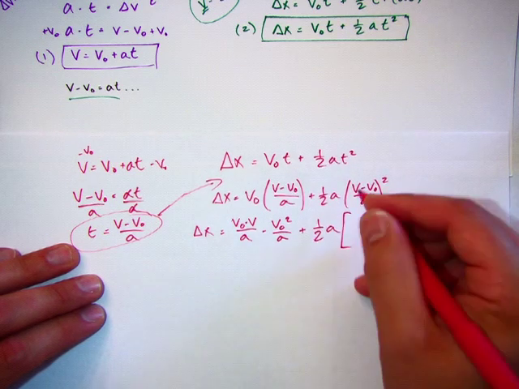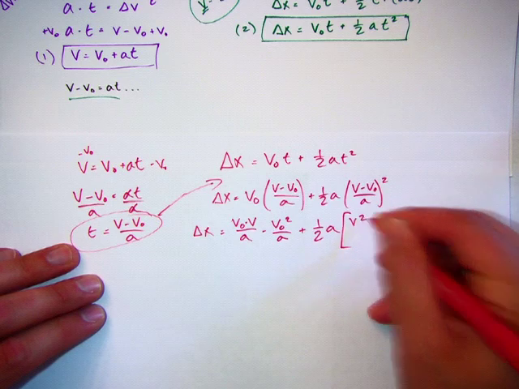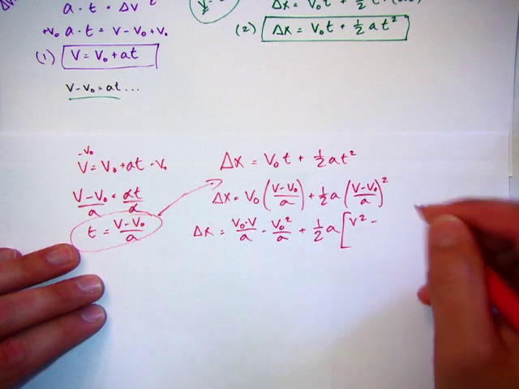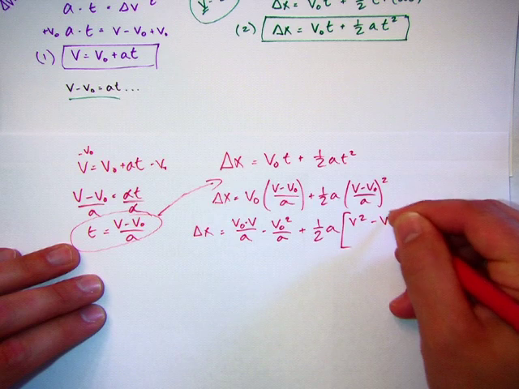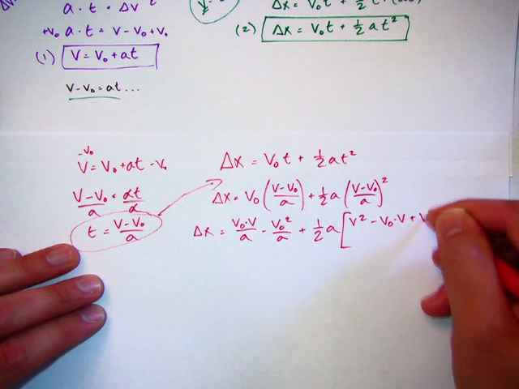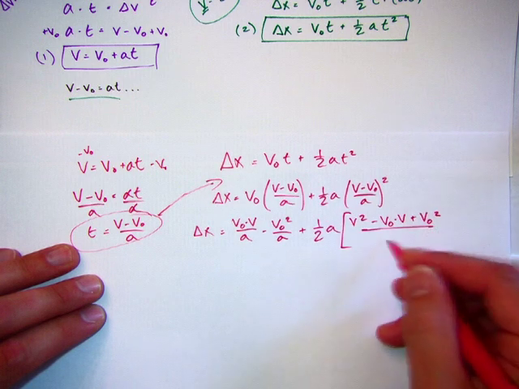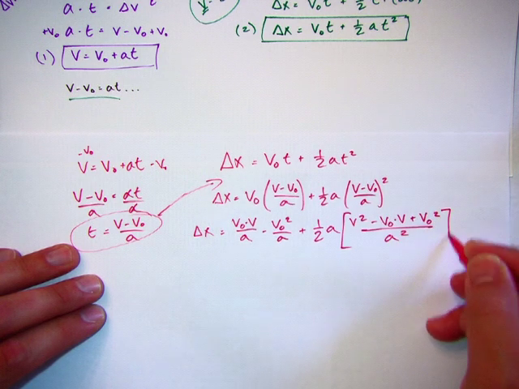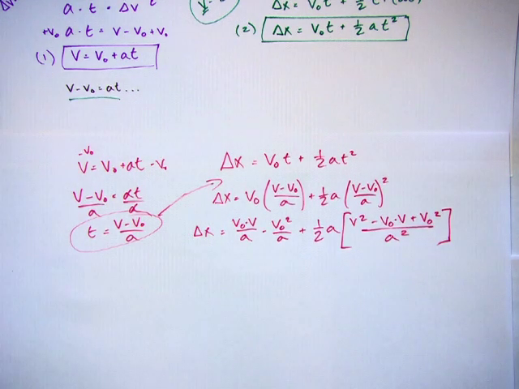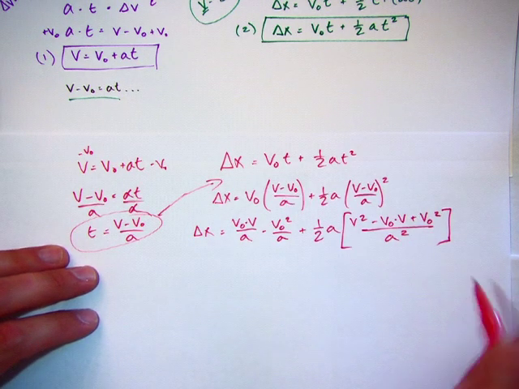Do brackets. So I have a v squared minus v naught times v plus v naught squared over a squared. Okay, so if I multiply this out, I think I'm going to get some terms to begin to cancel for me.